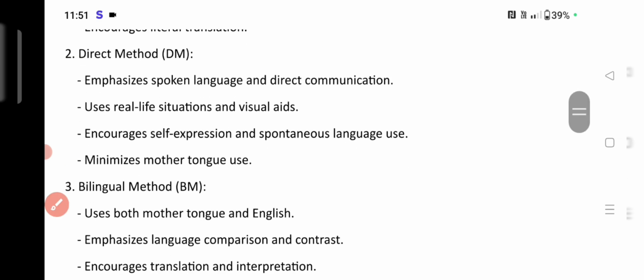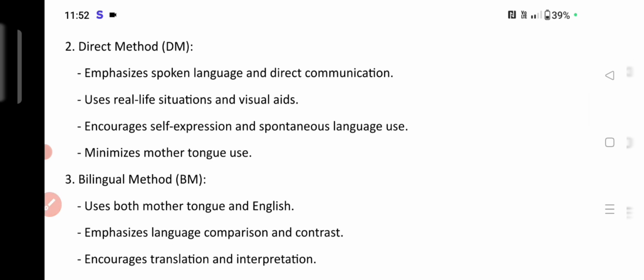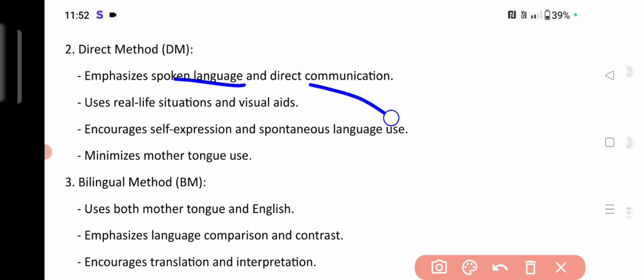Coming to the direct method, it emphasizes spoken language and direct communication, uses real life situations and visual aids, encourages self expression and spontaneous language use, and minimizes mother tongue use.